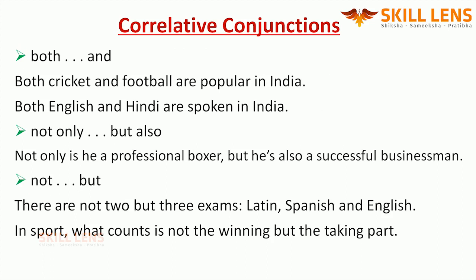Both cricket and football are popular in India. Both Hindi and English are spoken in India. Not only, but also. Not only is he a professional boxer, but he is also a successful businessman. Not, but. There are not 2, but 3 exams: Latin, Spanish, and English. In sport, what counts is not the winning, but the taking part.